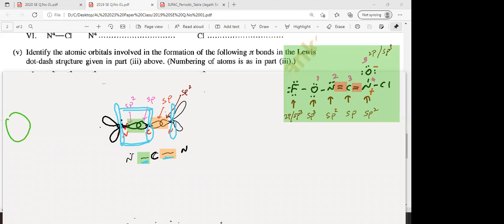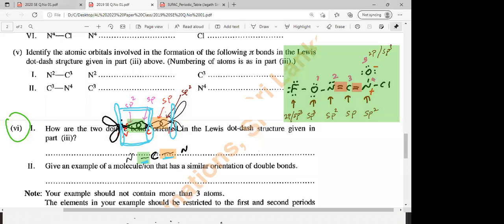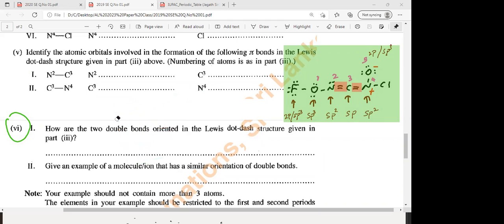Sigma bonds are linear, head-to-head overlapping; pi bonds are lateral, so they are perpendicular. So what to write now? Sigma bonds are linear and pi bonds are perpendicular. Pi bonds are perpendicular.